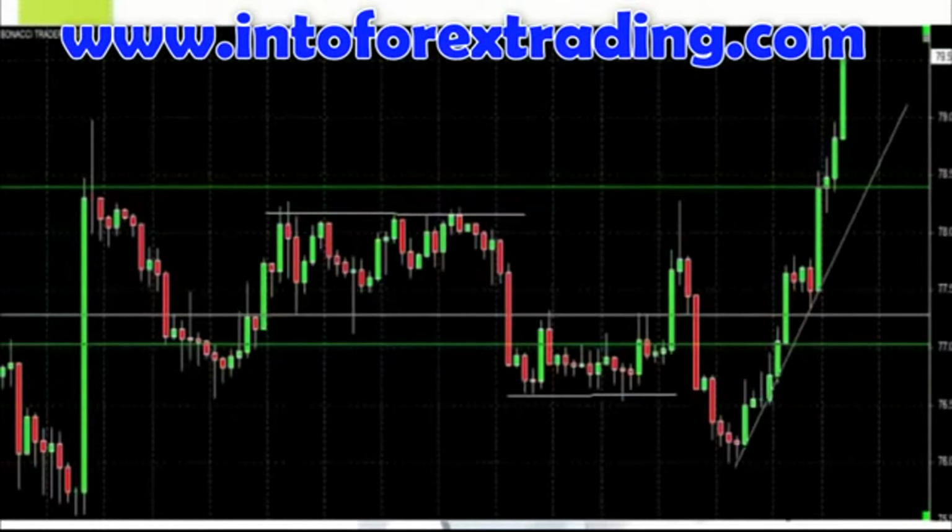We talked about the example earlier of exchanging US dollars for yen. Now this is the dollar yen currency pair, and what we can see here is that since around this point right here, the value of the dollar has strengthened against the yen.